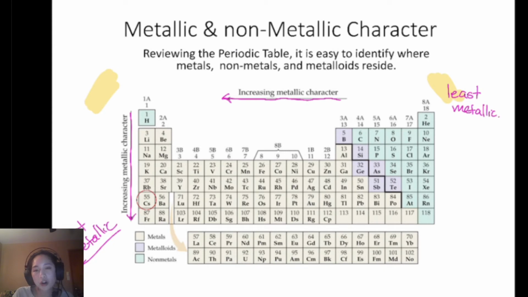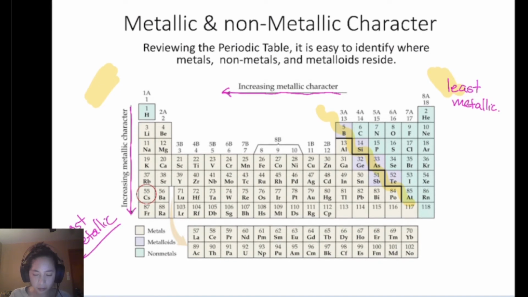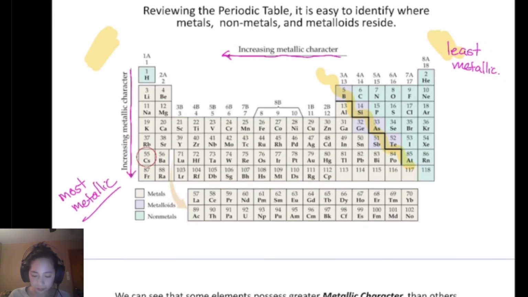And then, of course, our metalloids, these purple guys, these are our metalloids because they're kind of between the nonmetal and metallic side. And they're typically defined on the periodic table for you. Okay, so there's that trend that you can see, that metallic character increases going from right to left, and then metallic character also increases going down the periodic table.